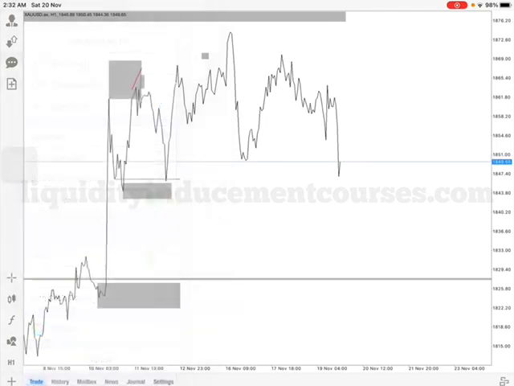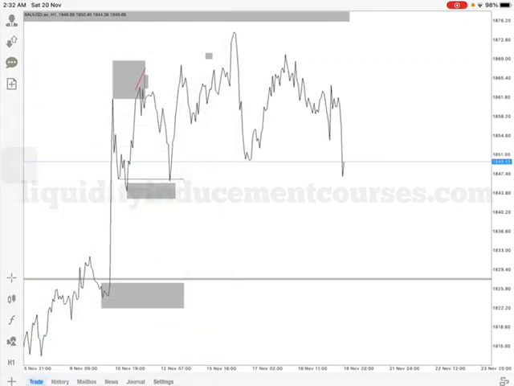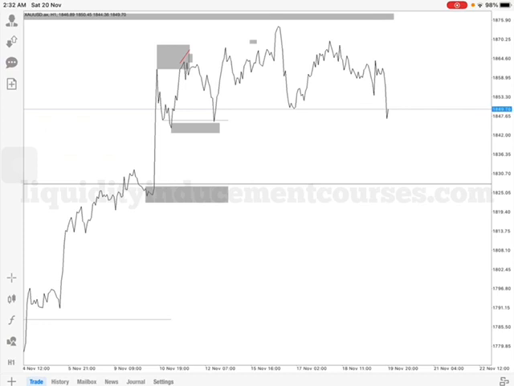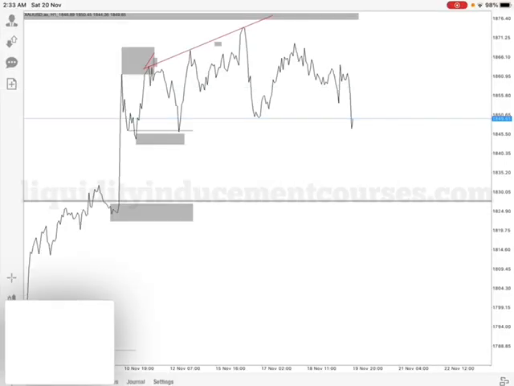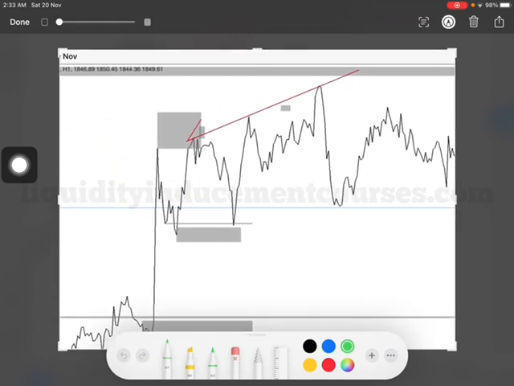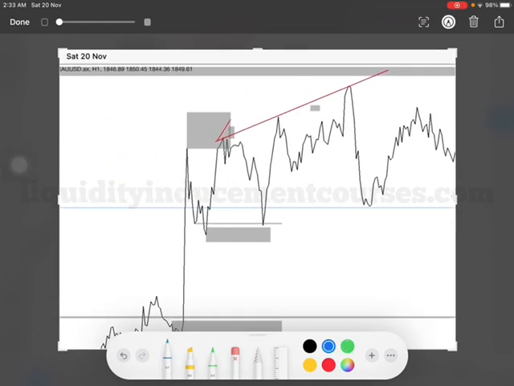So see, right? Okay, divergence. One touch, two touch, one touch, two touch, pull a trend line, and we got a third touch, aligned with our POI above.